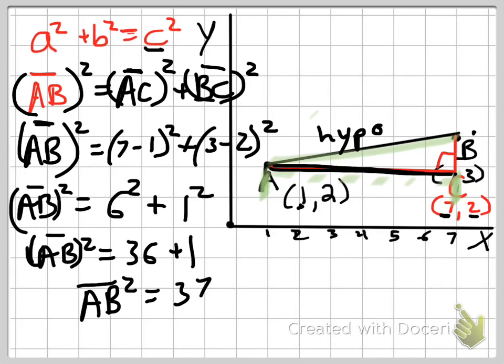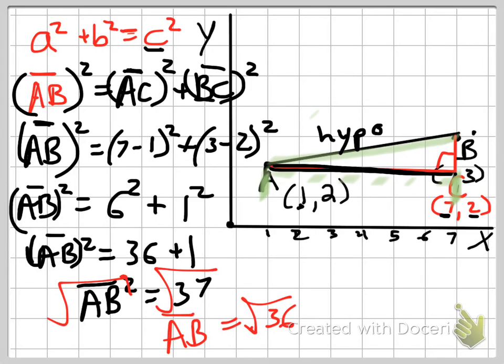So I can take the square root of both sides in order to get rid of the squared. So segment AB equals the square root of 37. So that's one way. I now know my hypotenuse is the square root of 37.